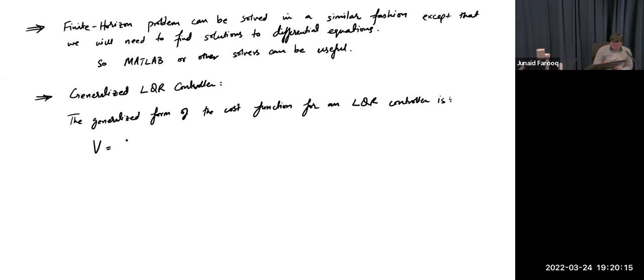The cost function V is the integral from time t to time tf of x transpose Q x plus u transpose R u. Or maybe I should write the cross terms first. So plus 2 x transpose S u plus u transpose R u d tau.